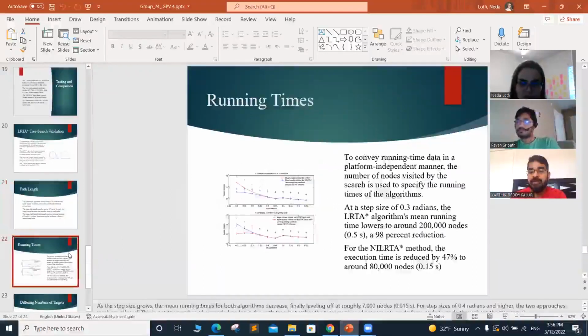Running time. To convey running time data in a platform independent manner, the number of nodes visited by the algorithm is used to specify the running time of an algorithm. Based on the image given next to this, at a step size of 0.3 radians, the LRTA algorithm's mean running time is lowered to around 200 nodes of 0.5, a 98% reduction.